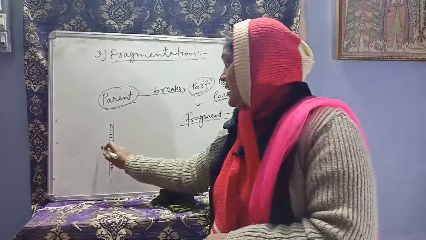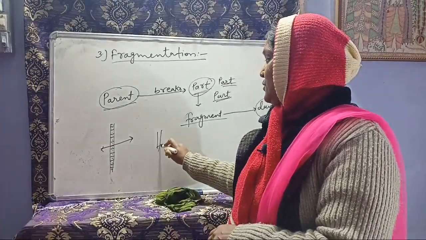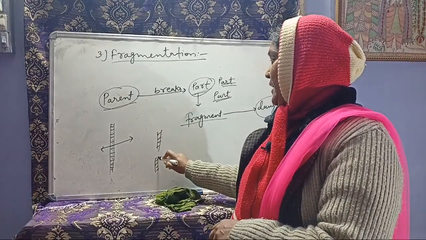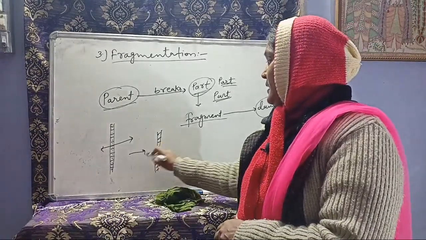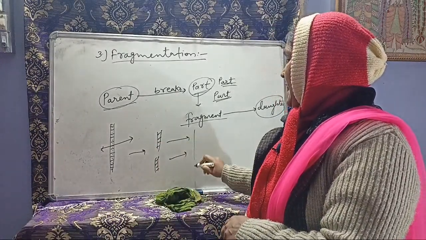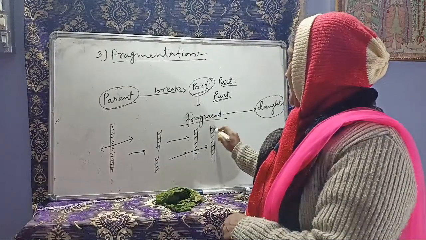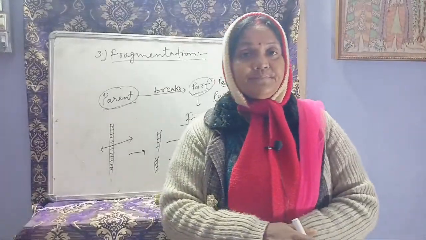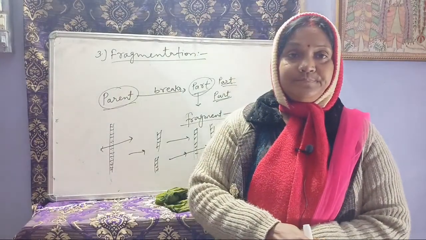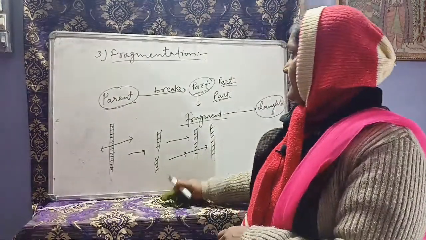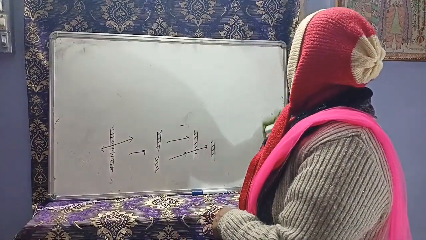This filamentous parent breaks into either two fragments or many fragments, and each fragment has the capacity to develop into a daughter filament. This method is fragmentation.